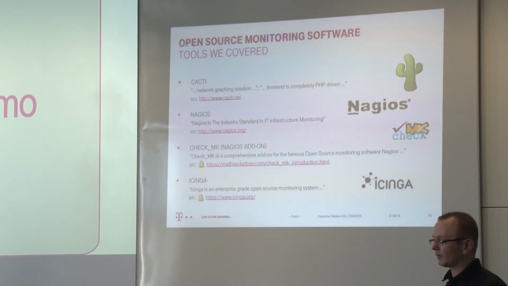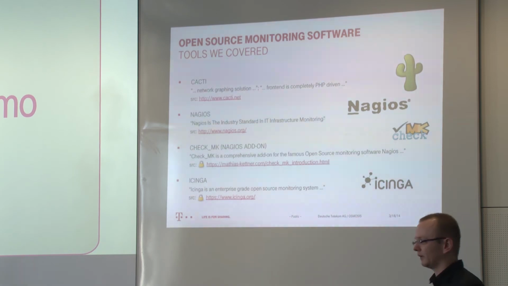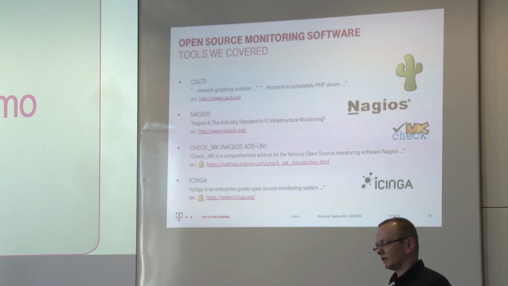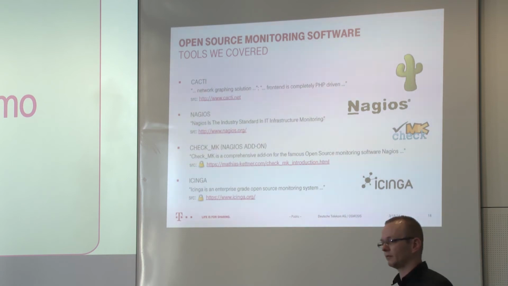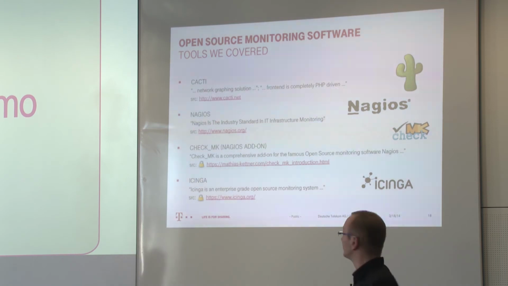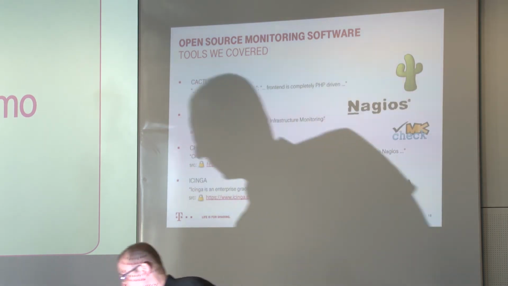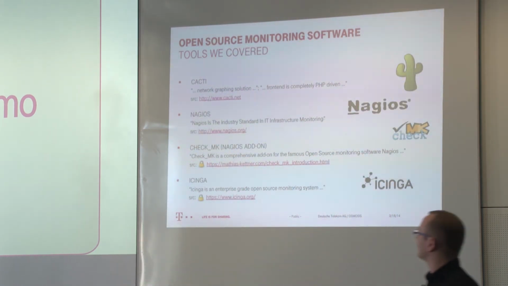Check_MK is quite interesting. It's mainly an add-on, but it's quite interesting from our perspective. It's nearly its own solution. They have their own agent, their own configuration management, their own logic behind that, and their own web overview. And Icinga is also based on Nagios, but is also quite interesting from the wide range of use within networks.